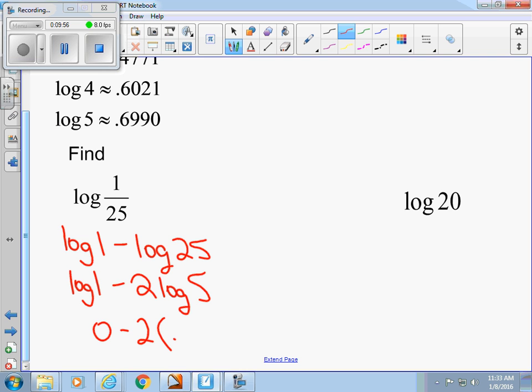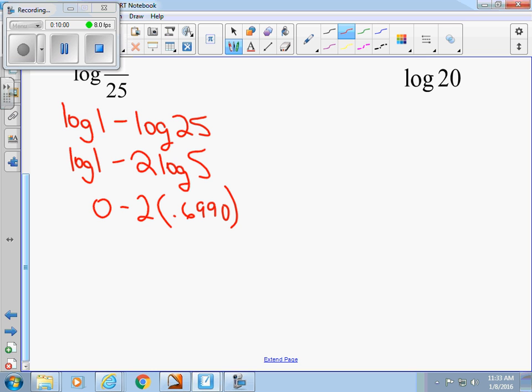Log of 5 is 0.6990. Let's say without a calculator. Can I multiply that without a calculator? Yes, I can. If you don't think you can, that's how y'all multiply.